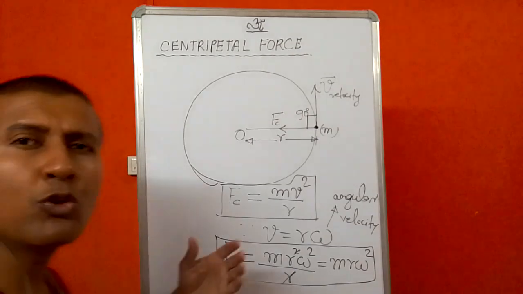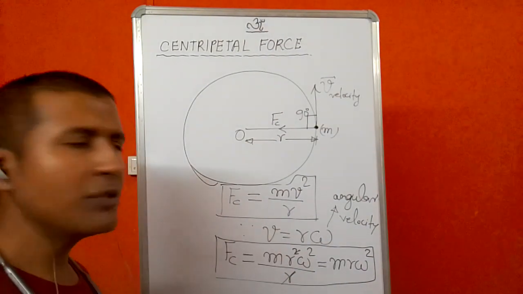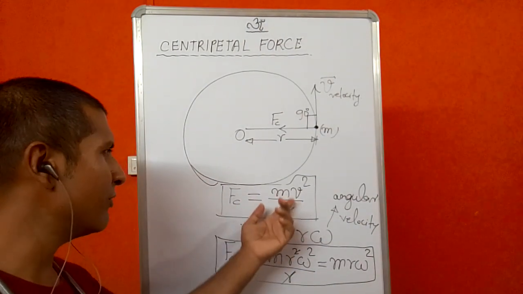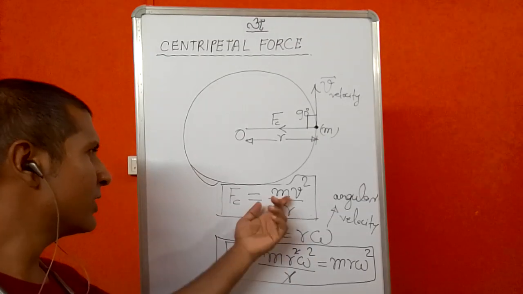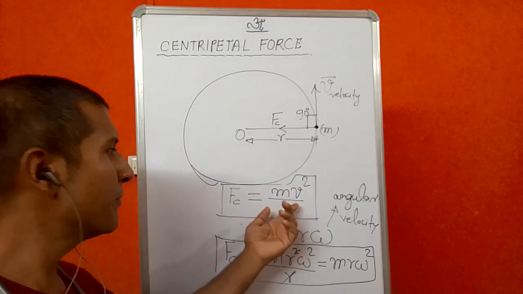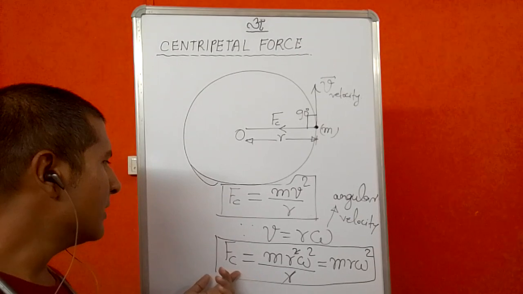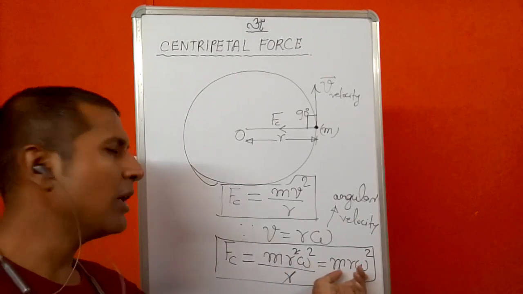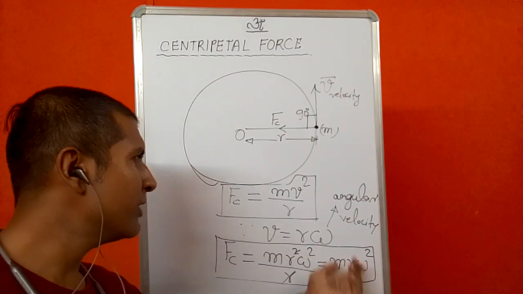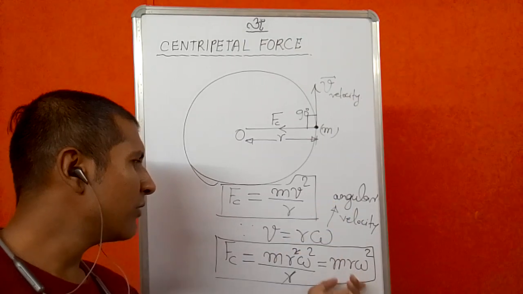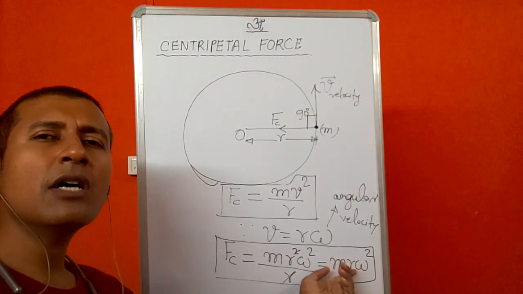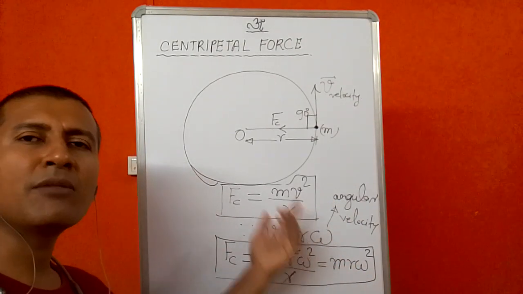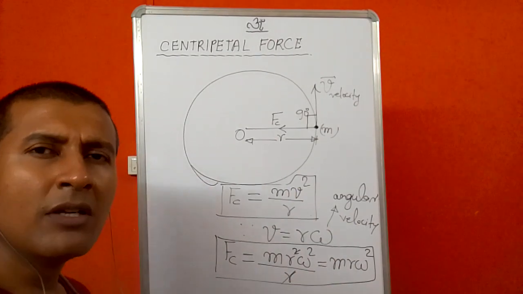So we have two formulas of centripetal force, that is Fc is equal to mv square by r, which is in terms of linear velocity, and Fc is equal to mr omega square, meaning when we know the angular velocity, we can use the angular velocity. Both are the same, correct?